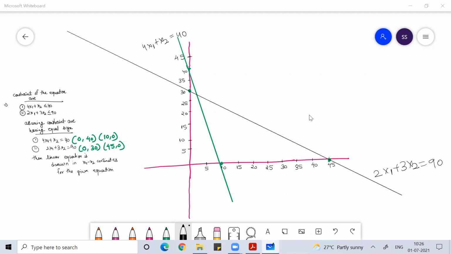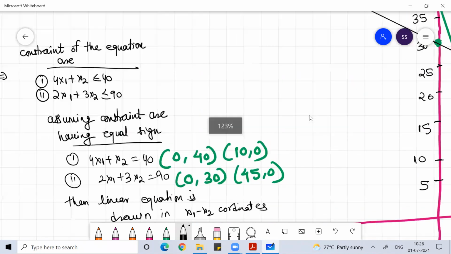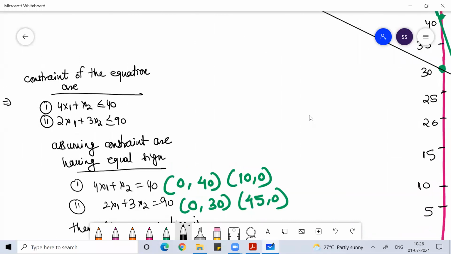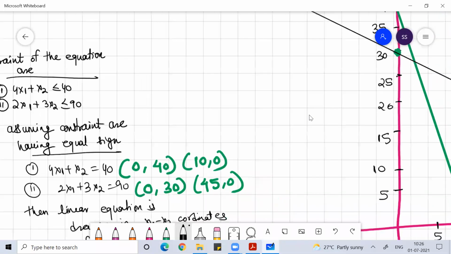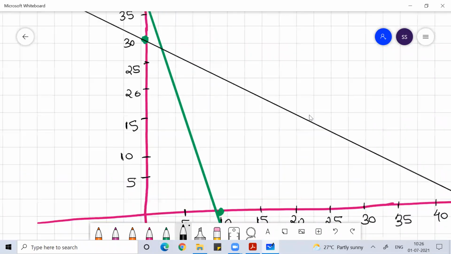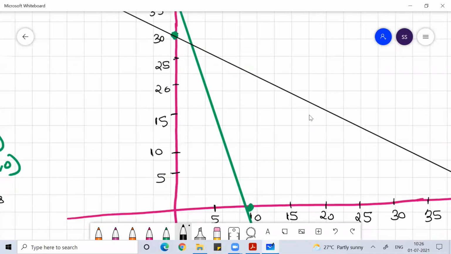So guys, now if you see both the equations, both the equations are having less than or equal to sign. So if both the equations are having less than or equal to sign, find the area.